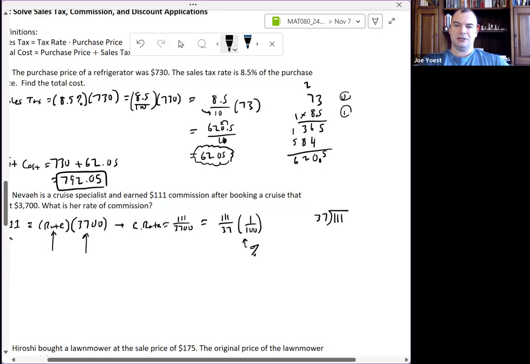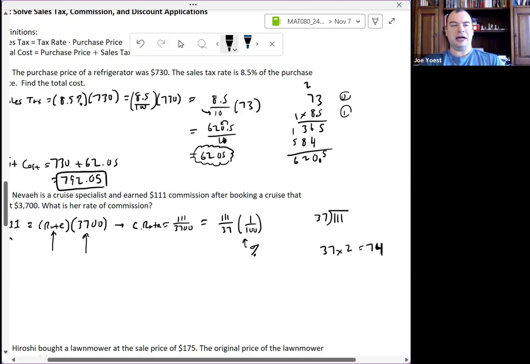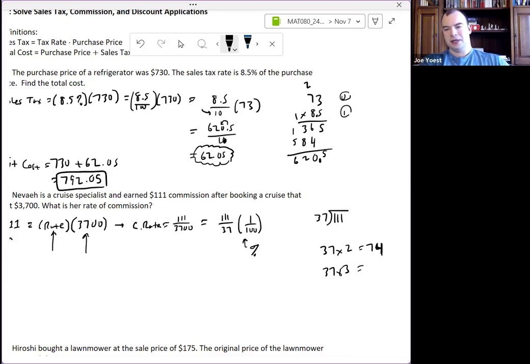And I actually see this 37 doesn't go into 1 or 11. How many times does it go into 111? Well, 37 times 2, well, that's going to give me 74, right? It's like 35 times 2 plus 2 times 2. 37 times 3, well, that would give me 90. 30 times 3 plus 7 times 3, 21.